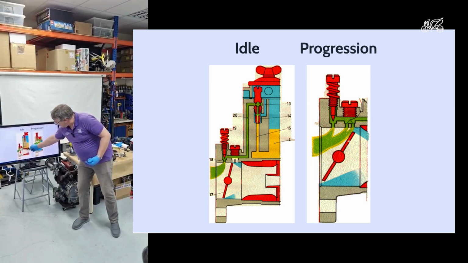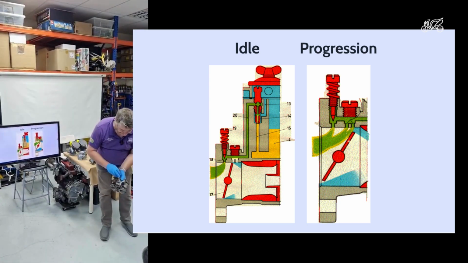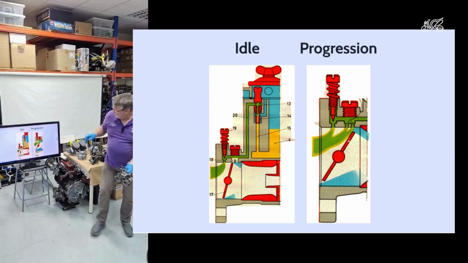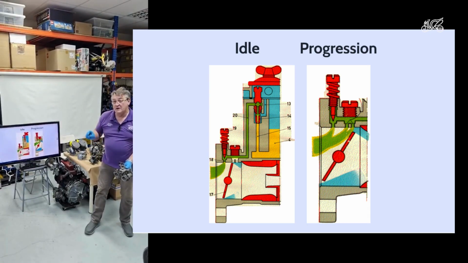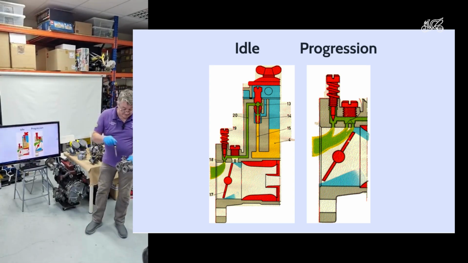There's a little bit of air coming across the top and the bottom. And so on the top of the carburetor here, you've got a screw which bleeds in some extra fuel by the traditional way. So this is like neat fuel coming in. So this is your idle jet.